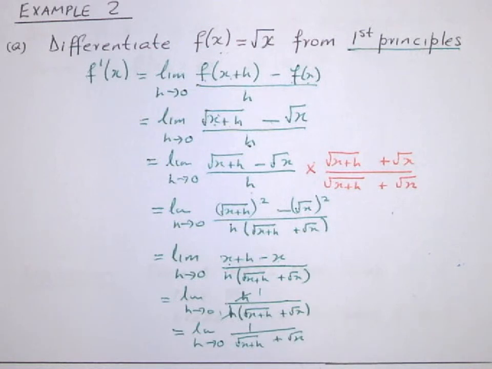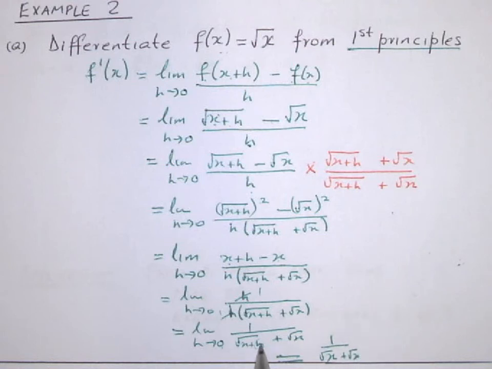So what is my answer? Now I can put h as 0, so the answer would be 1 over the square root of x plus the square root of x, because I plugged in h as 0. Now the answer is 1 over, what is the square root of x plus the square root of x, that's 2 square root of x.